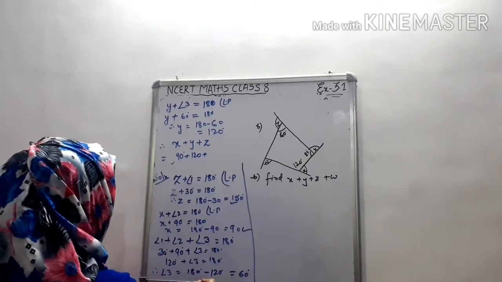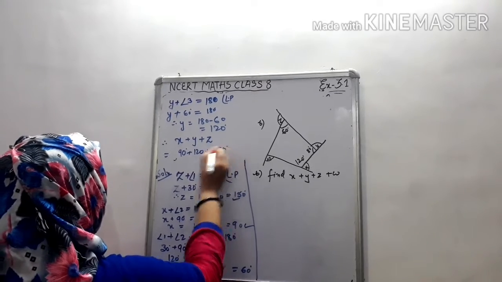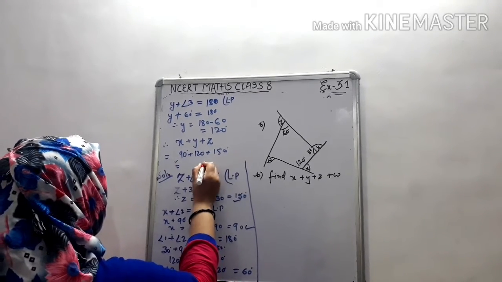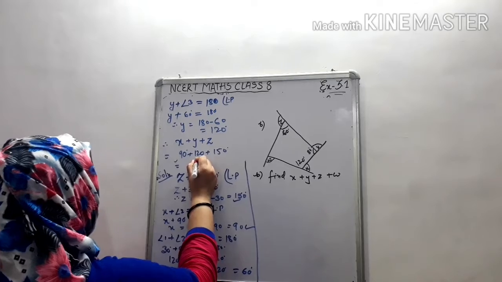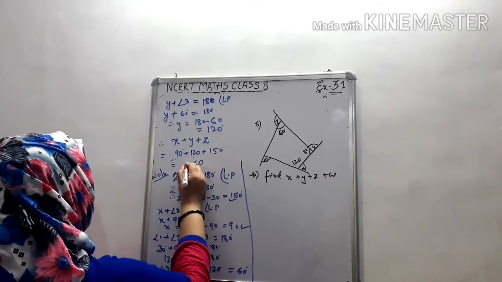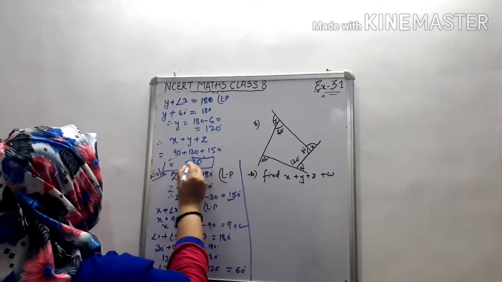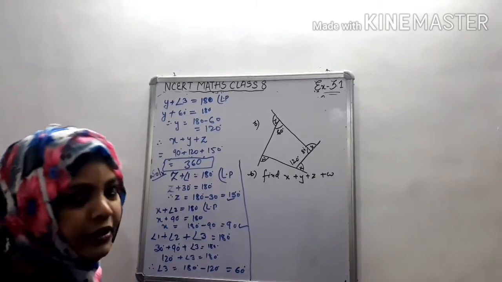What is the value of z? z is 150 degree. So add it. 0, 0, 0, 5 and 7 is 7, and 9, 16. Carry 1. 1, 1, 2, 2, 1, 3. 360 degree. This is the answer of the first part of question number 7.